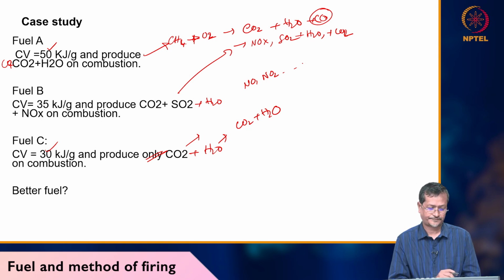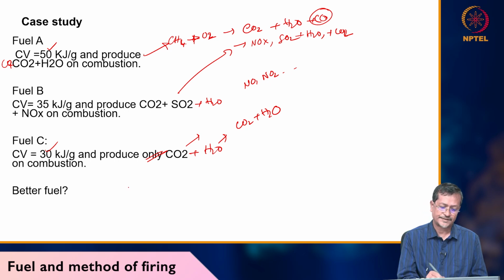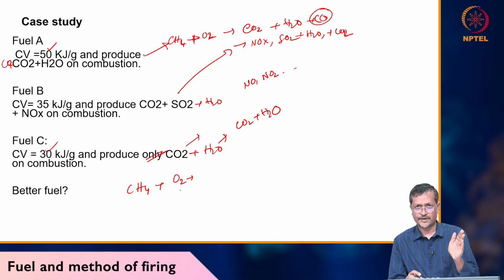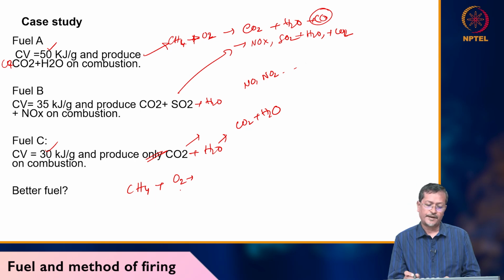Now in certain fuel, you have a higher amount of oxygen. So what will happen? Let's say simple, I am giving you an example. CH4 is there, and a very high amount of oxygen is there. What will happen? It will produce carbon dioxide and water. Okay, but it will not produce carbon monoxide because all the carbons will get enough oxygen and it will produce carbon dioxide. So people will be happy. And when carbon dioxide is produced, the flame will be almost invisible, or some bluish flame will be there.